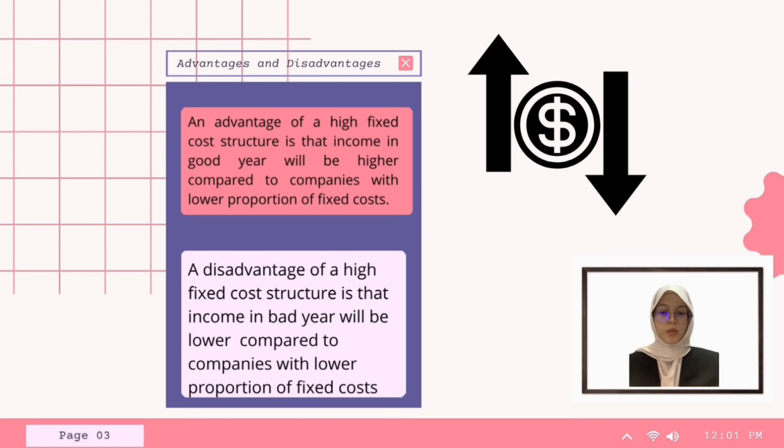Even though a company with a higher fixed cost structure will show a higher net income in a good year, a company with a lower proportion of fixed costs will enjoy greater stability, whether in a good year or a bad year, compared to those with a higher fixed cost structure.